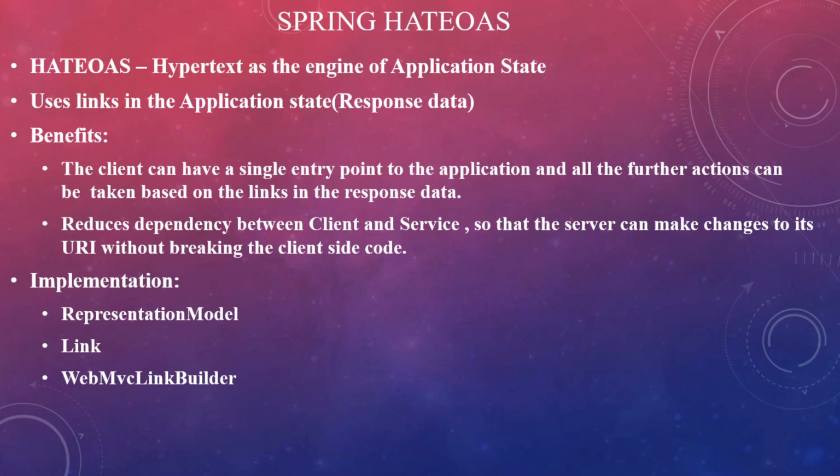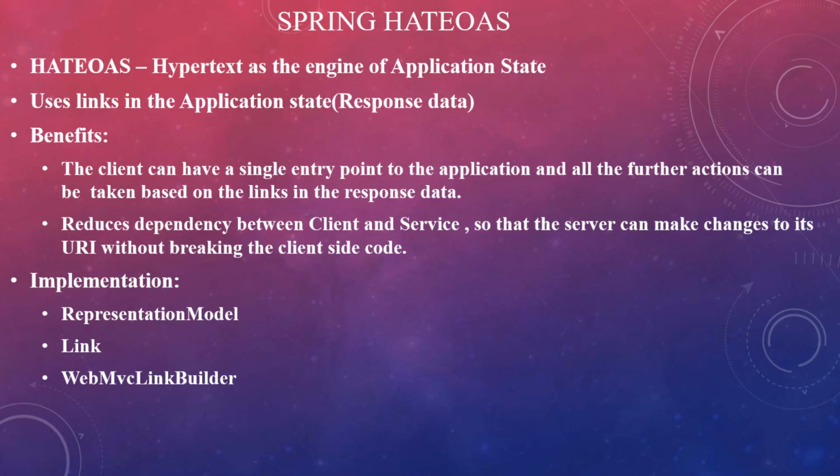The other advantage is that it reduces the dependency between client and server, so that the server can make changes to its URI without breaking the client-side code. These are a few advantages of using Spring HATEOAS. Looking at the implementation side, there are three main APIs that we can use to add links to our response data.